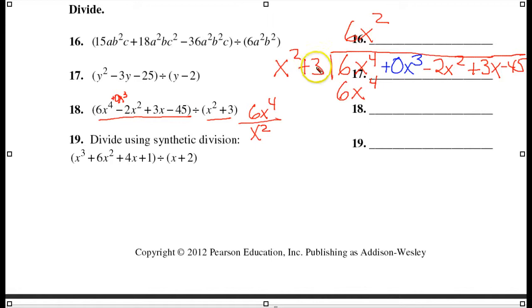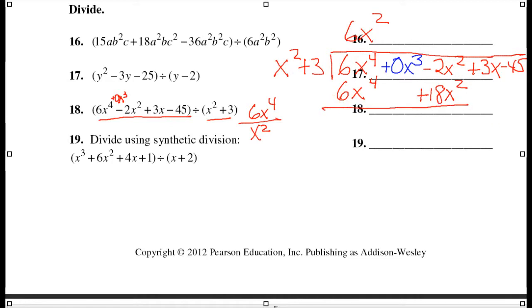When I multiply 3 times this, I get a plus 3, well, 3 times that would be 18. So 3 times 6x squared is a positive 18x squared. Okay, we have it all set up.